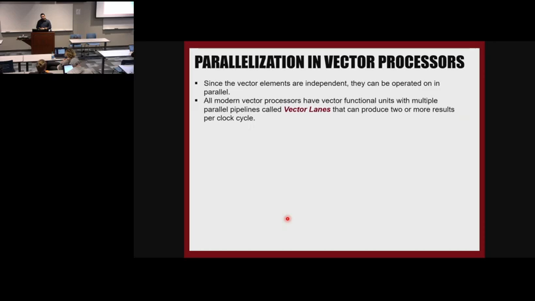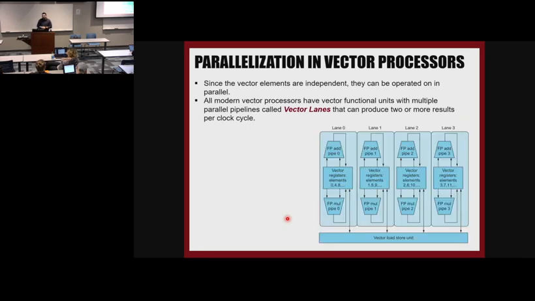Okay? So one of the benefits of vector computation and the vector instruction architecture, as I mentioned, is that we already know there's no dependency within the vector. And because there's no dependency within the vector, we can add computation lanes, something like this. We have 4 lanes, for example, in this case.